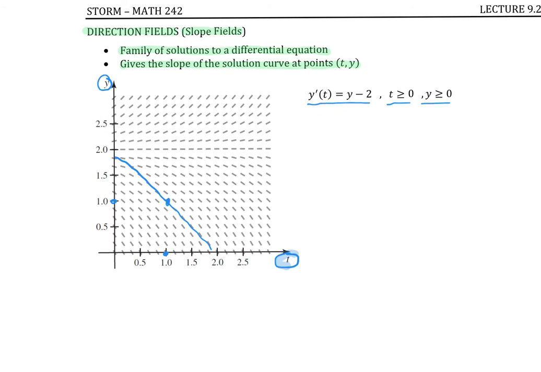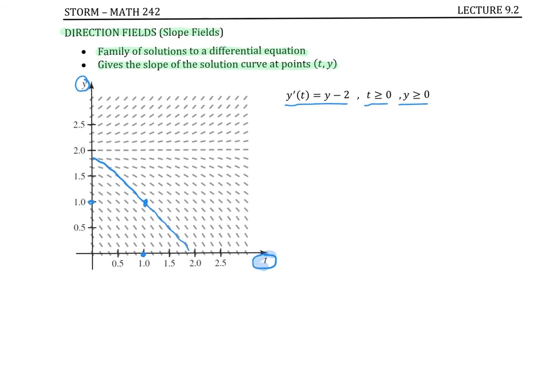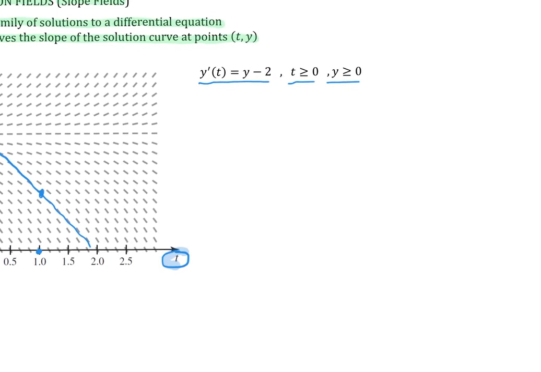All right, so some important things we want to note when we look at direction fields is we want to know where the derivative is 0. So when you look at our differential equation, and you set the derivative equal to 0, you would be solving the equation 0 equal to y minus 2, or in other words, y equal to 2.